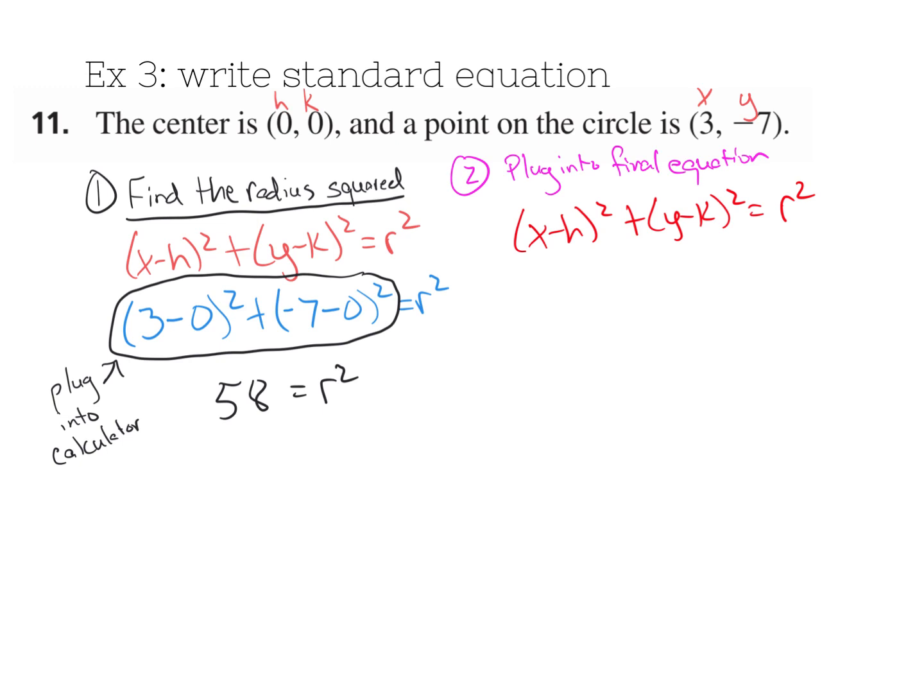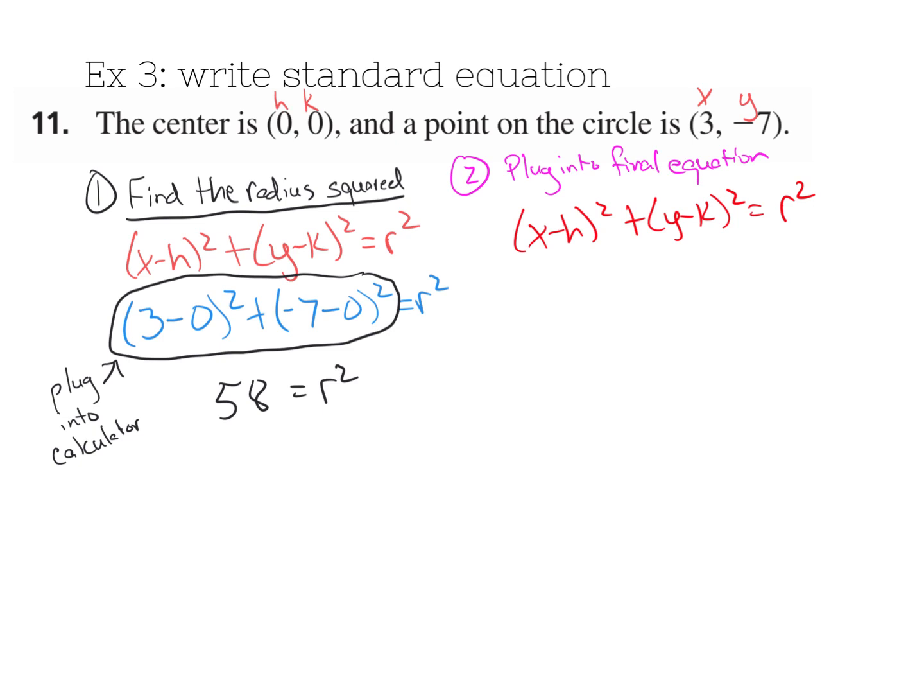When you plug it back in, you have to square the r. Well, right now with 58, it's already r squared. So instead of trying to just get it to r, I'd have to take the square root to do that, and then when I plugged it back into here, I would have to square it again, right? So I'm just adding extra steps, because square rooting it and then squaring it is going to bring it right back to 58.